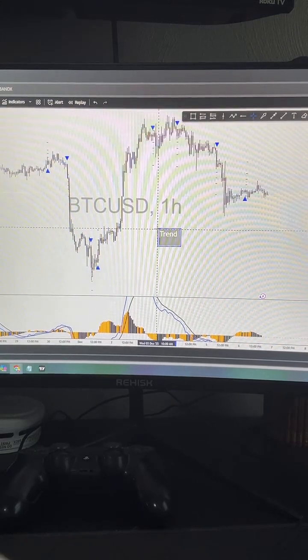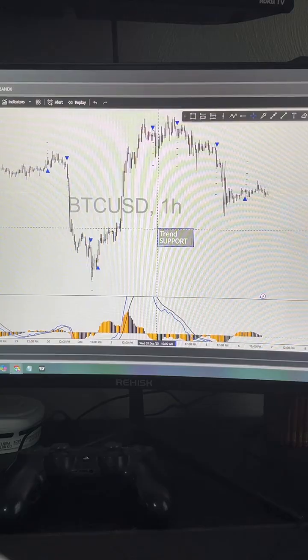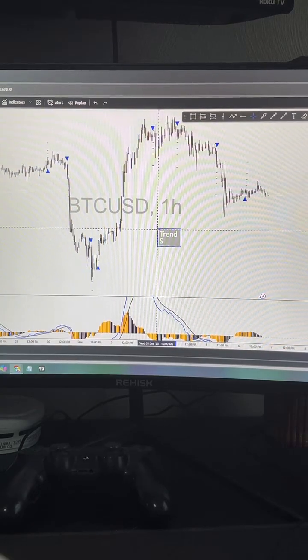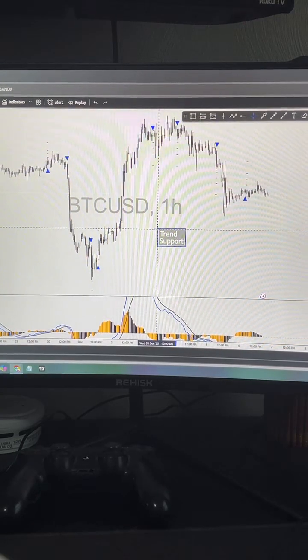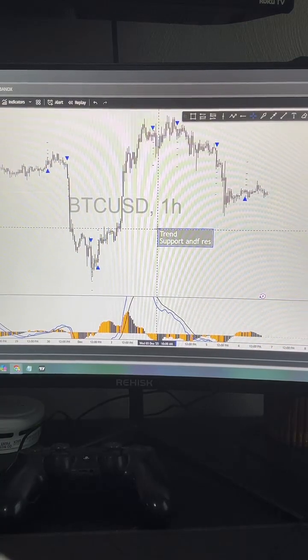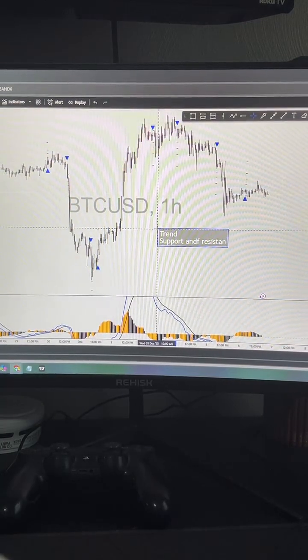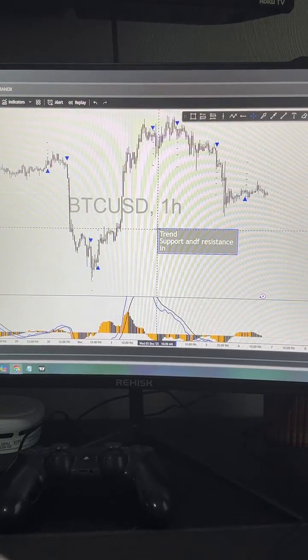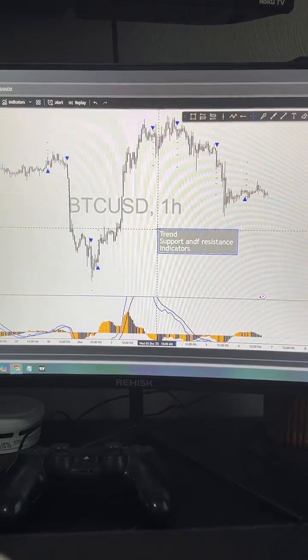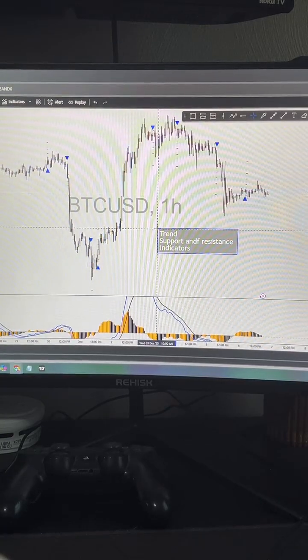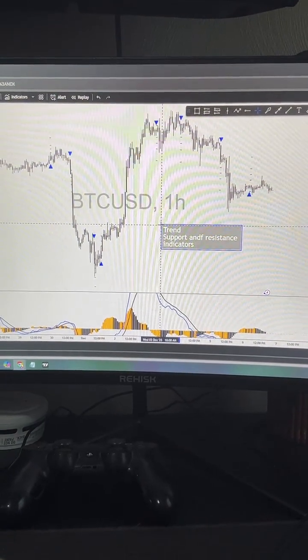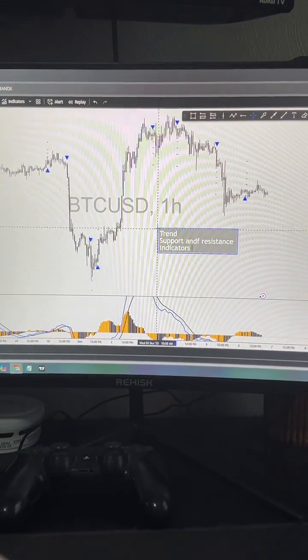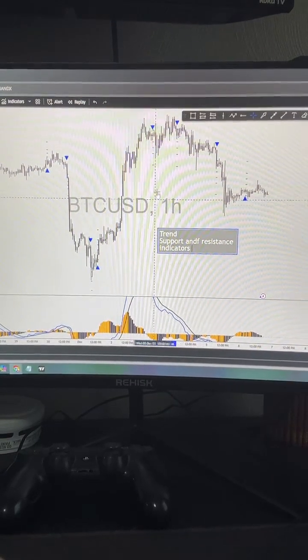You can trade off of support and resistance. And then you can trade using indicators. Indicators that tell you how to buy in, how to sell, where to buy in, where to sell, stuff like that. These are basically the three ways that you can trade.